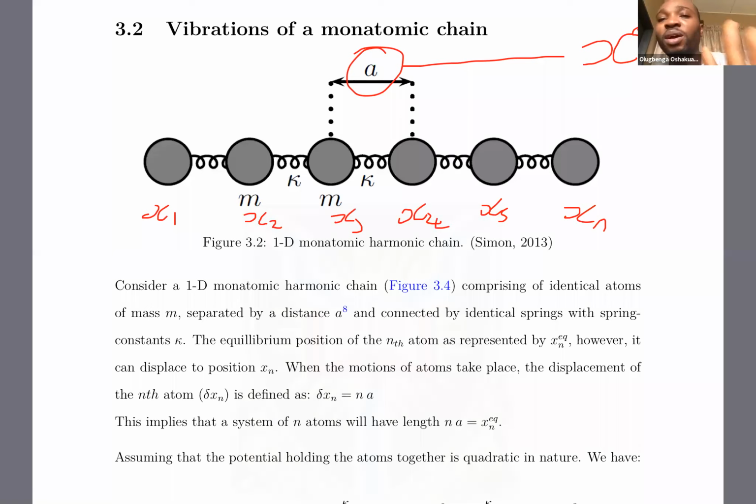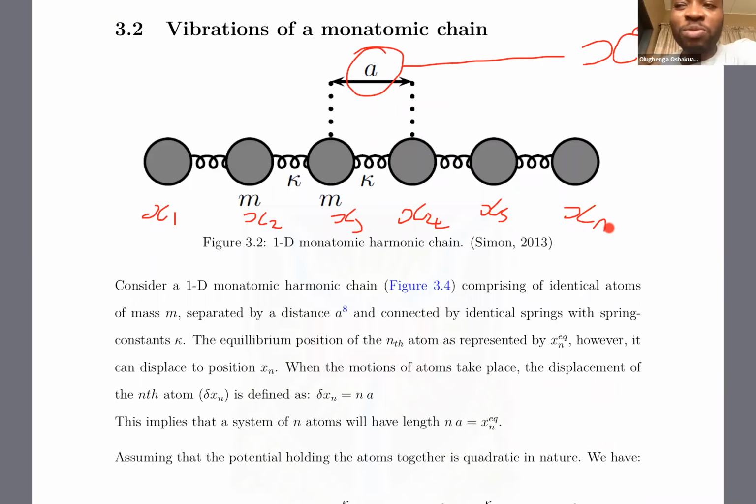The index of each of the positions is usually an integer, and we can just call it n to depict a particular atom. So just like I've written here, the equilibrium position of the nth atom is represented by xn equilibrium. If we take any of the atoms and call it the nth atom, the equilibrium position is xn equilibrium.